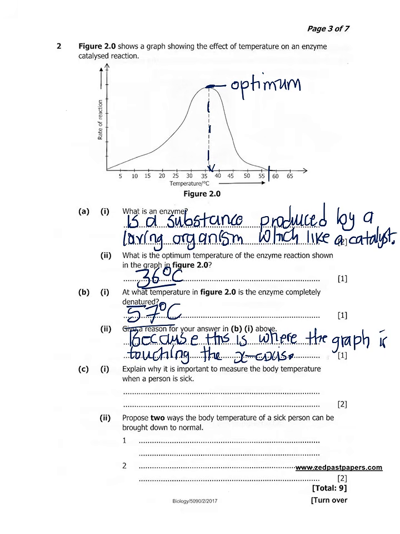Then let's move on to C, Roman number 1. Explain why it is important to measure the body temperature when a person is sick. So if you look at the mechanism of how human bodies operate, they operate on enzymes, or we can say human bodies operate on metabolic reactions. And whenever we have a reaction, we need substances that act as catalysts.